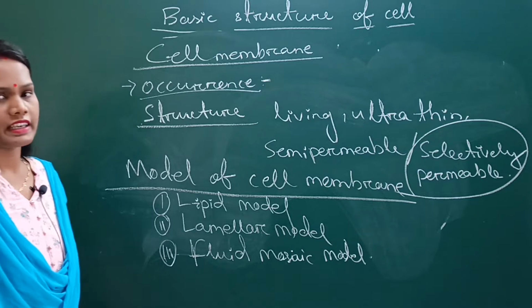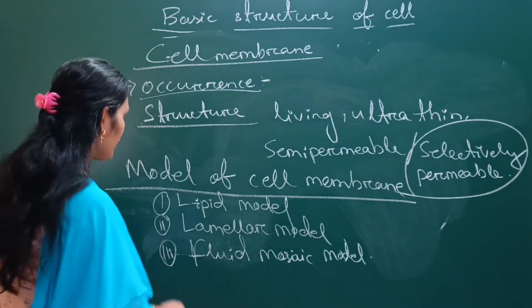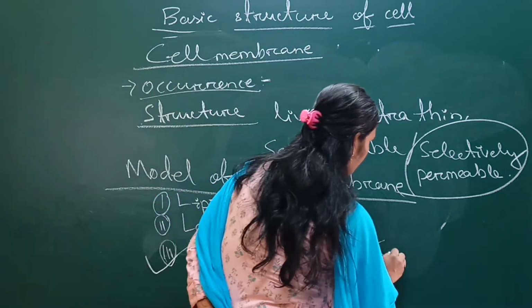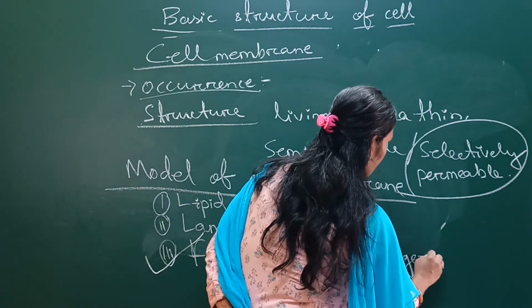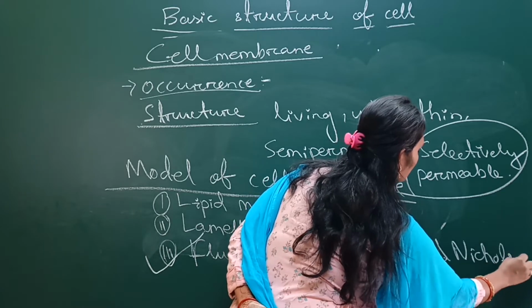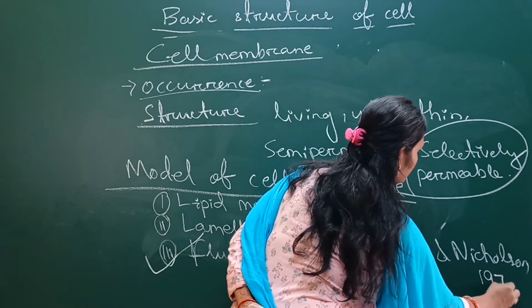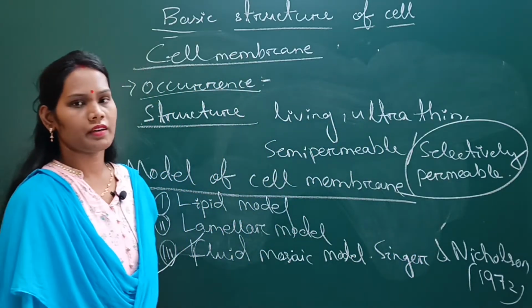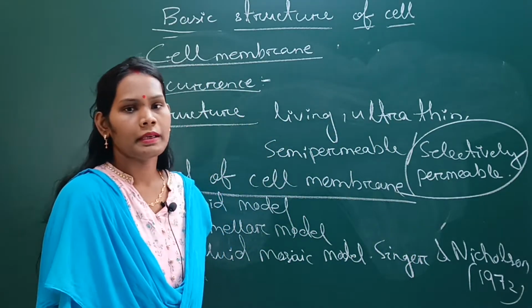But the most accepted model is the fluid mosaic model, which was proposed by Singer and Nicolson in 1972. So let's discuss what the fluid mosaic model in the plasma membrane is.